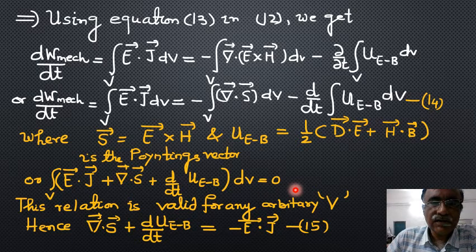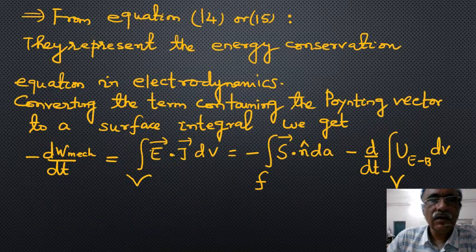This integral is valid for any arbitrary volume, and hence this integral will be 0 only if E dot J plus divergence of S plus d by dt of U_EB equals 0, or we get divergence of S plus dU by dt, where U is the electromagnetic field energy density, equal to minus E dot J. So from either equation 14 or 15, we can summarize that these equations represent the energy conservation equation in electrodynamics.